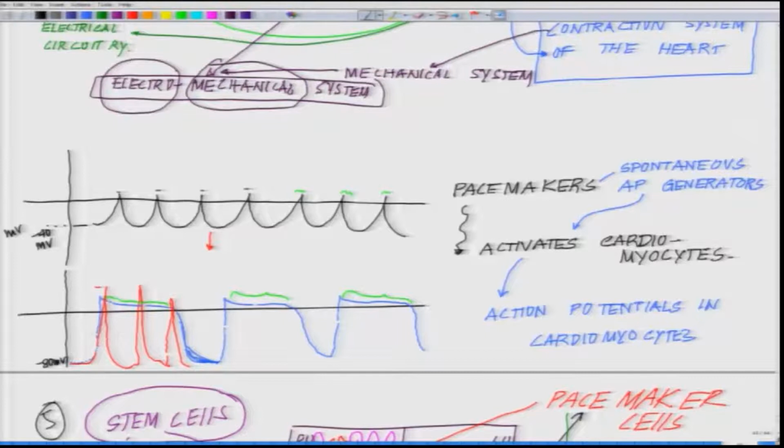Here for the neuronal cell, we learnt about sodium followed by potassium, right? For cardiomyocytes, it is exactly like that, sodium, but followed by calcium, followed by potassium, or these things happen simultaneously. I will come to how the calcium is playing the role. Okay.